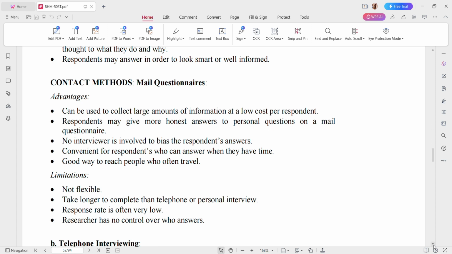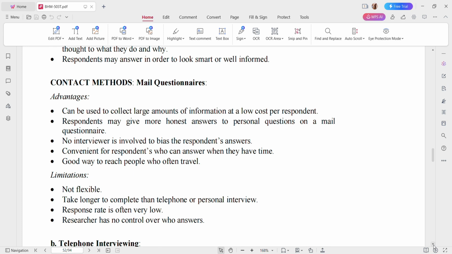So advantages: can be used to collect large amount of information at low cost per respondent kasi you don't need to print materials for the survey. You can just have it done using Google Form or any platform where you can collect information, or you can post your questions and be answered by your participants, no?